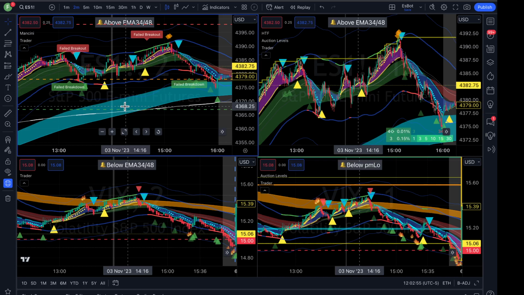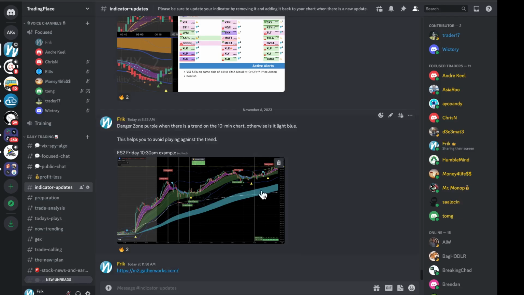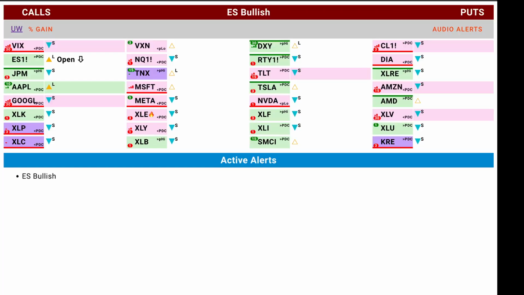It would be nice, but you cannot do that with TradingView, unfortunately. So that's why I have the M2 tool. If you go to the M2 tool here, it will actually tell you that now is a good re-entry time. So if you want to get audio alerts, use it.